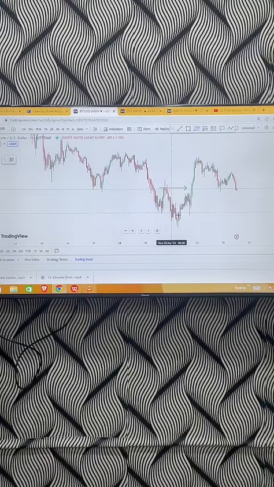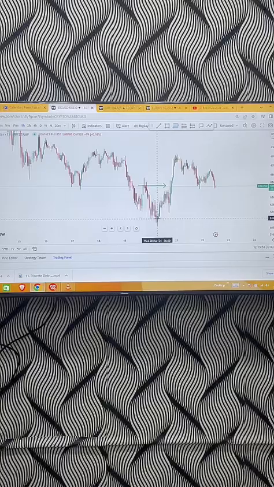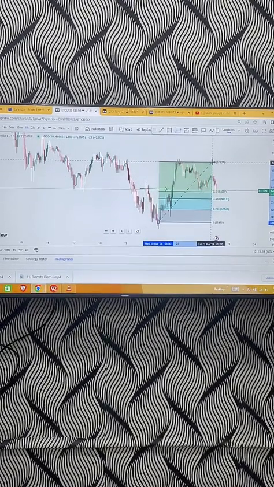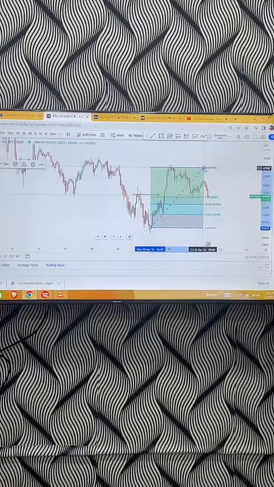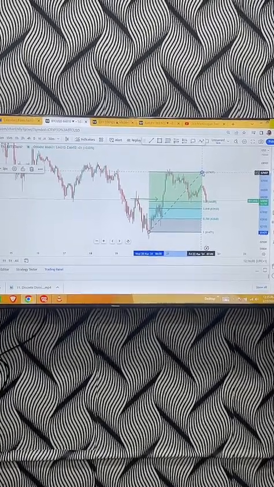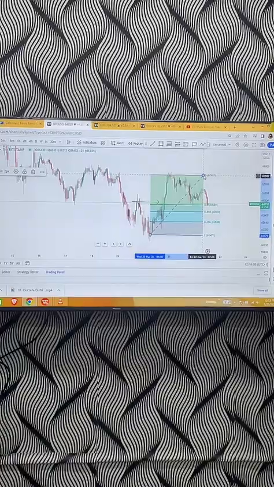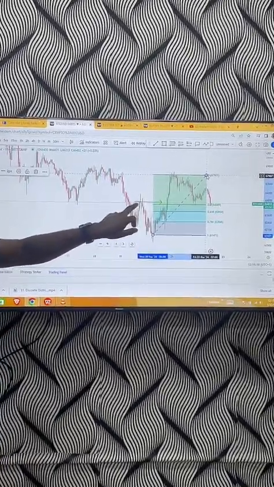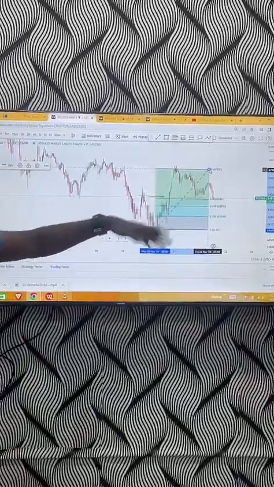So from the last low here, you can draw from body to body of the candle, or from wick to wick of the candle, depending on your preference. I prefer body to body. So we have drawn it from this low to this new high, which is higher than this. That means you are in an uptrend.